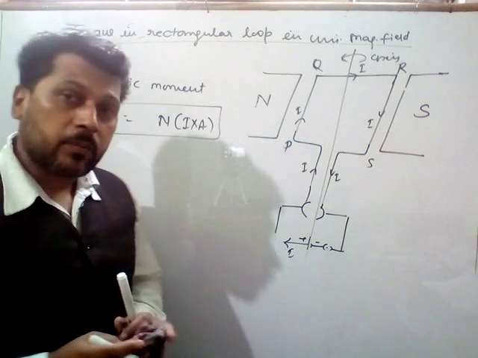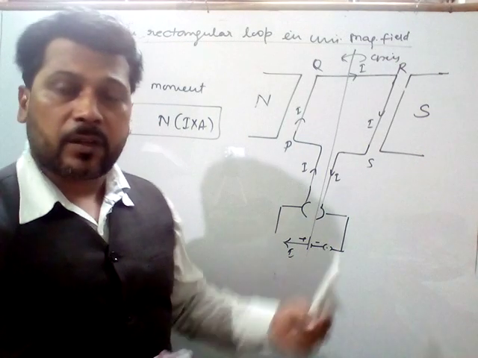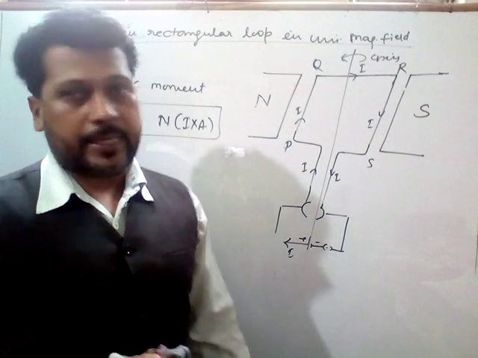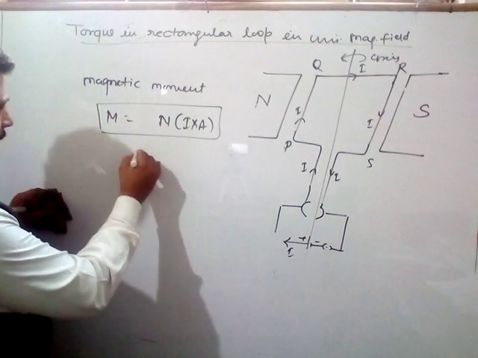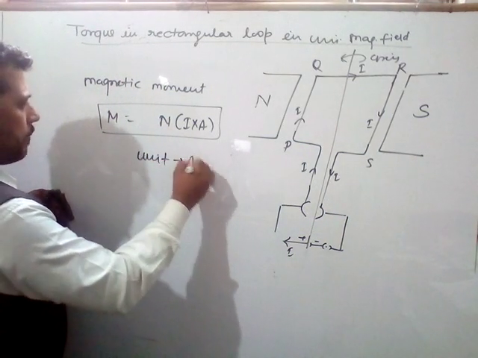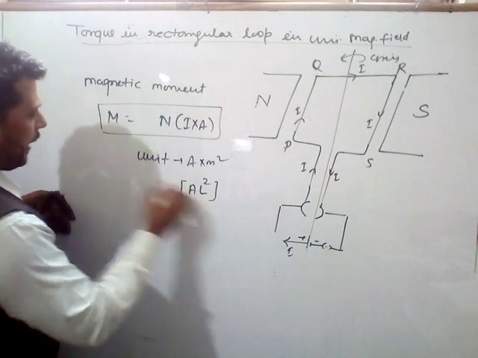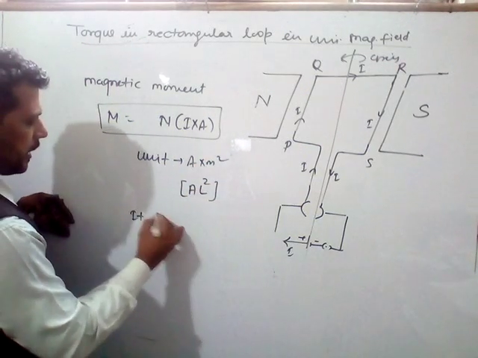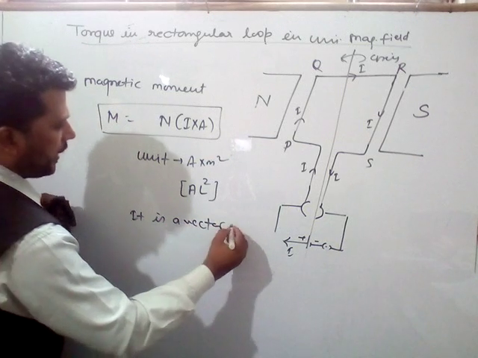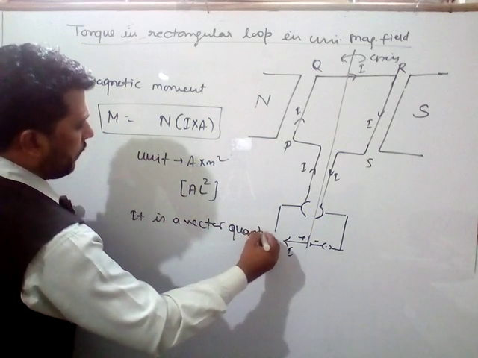So what is magnetic moment? It is the product of current and cross-sectional area, M equals NIA. Its unit is ampere meter square, its dimension is AL square, and it is a vector quantity. Magnetic moment is a vector quantity.